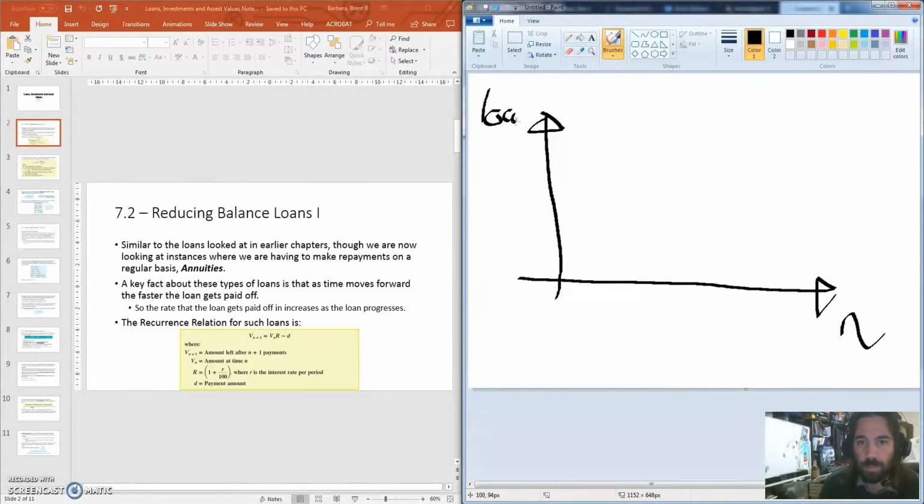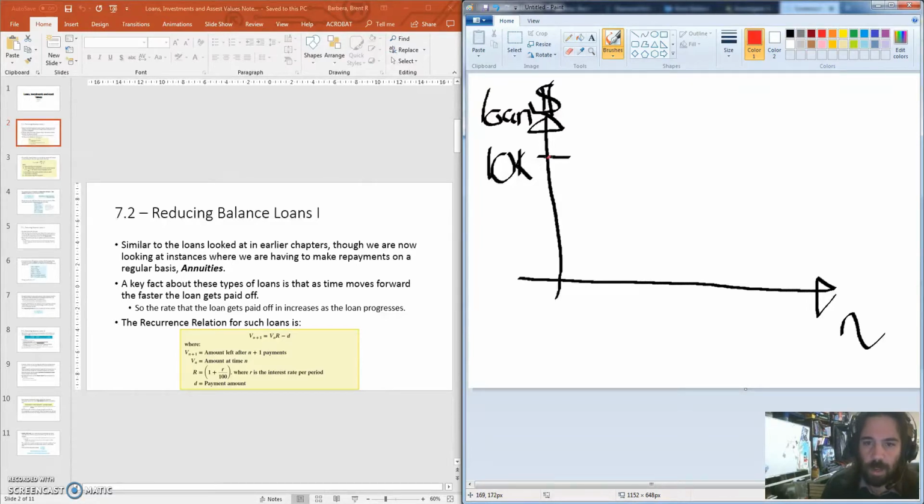And this is going to be our loan in dollars. So let's say you take out, I don't know, a $10,000 loan. Pretty straightforward, not that big of a loan in the grand scheme of things. And what happens with a reducing balance loan? It starts off, let me change my color, let's use red because loans are bad, obviously.